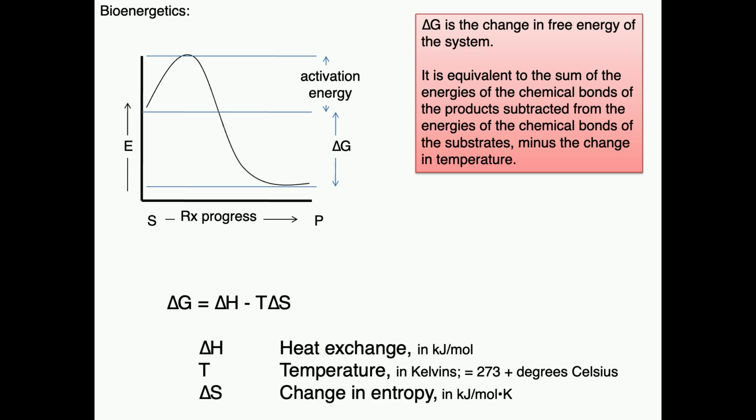And I'll elaborate on that in a little bit. But basically, what's driving the reactions are either going to be changes in heat. So reactions are either going to give off heat or take in heat, and they can be driven by giving off heat. They can also be driven by changes in entropy, and entropy is this tendency towards disorderedness, if you will.